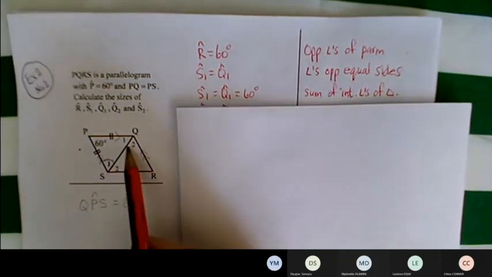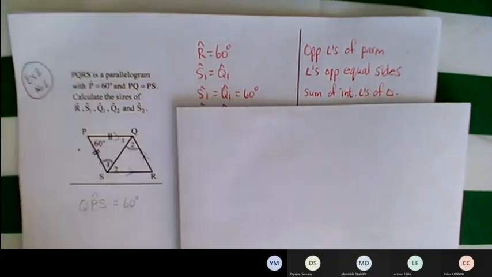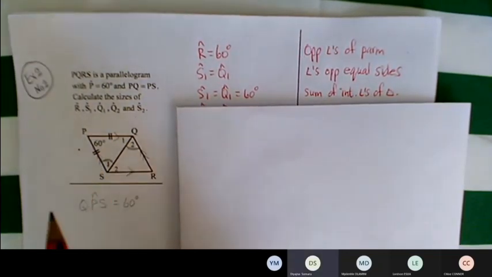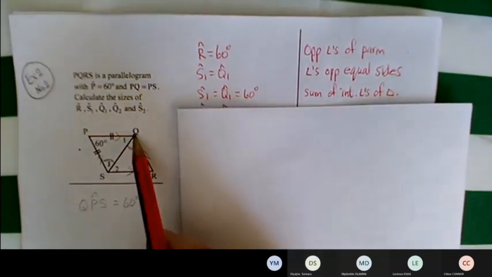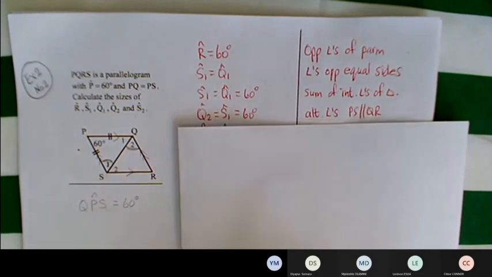Oh, Q2, sorry, I'm busy trying to find Q2. Q2 equals S1. Our reason will be alternate angles, perfect. PS is parallel to QR. So alternate angles, PS parallel to QR.